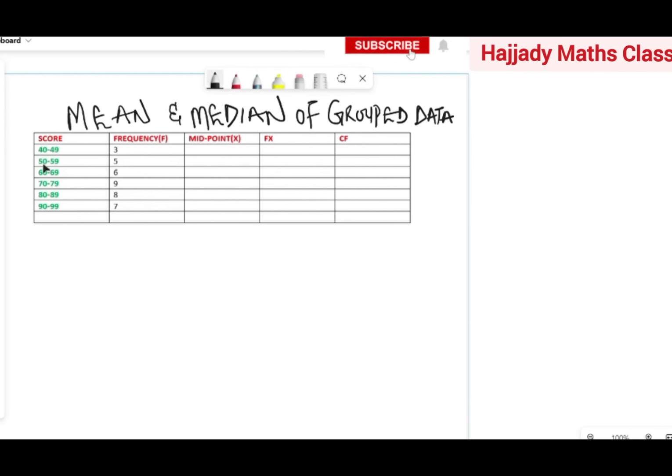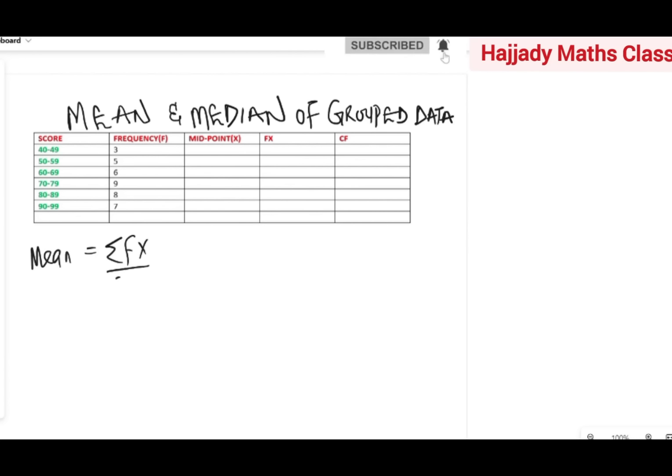Now looking at the question given to us here, we have these observations grouped as shown here, and we have the frequency for each of them. What we are expected to do is to calculate the mean. Don't forget from the definition that the mean is the summation of fx over the summation of f.